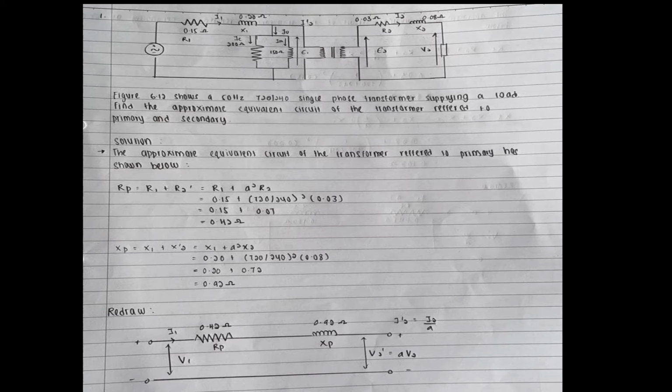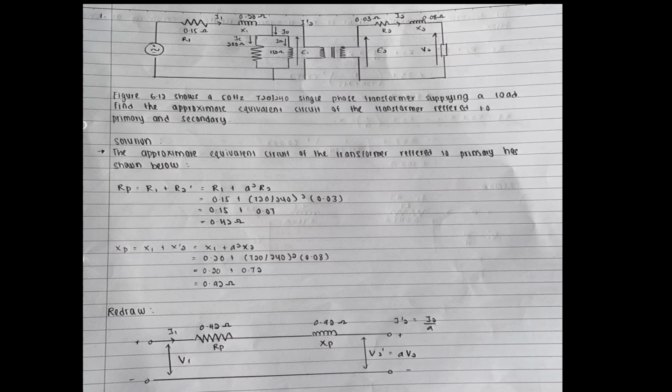So we use the formula that Rp equals R1 plus R2 prime. R2 prime is equal to a squared times R2. R1 is 0.15 and a squared is (720/240) squared, and R2 is equal to 0.03.